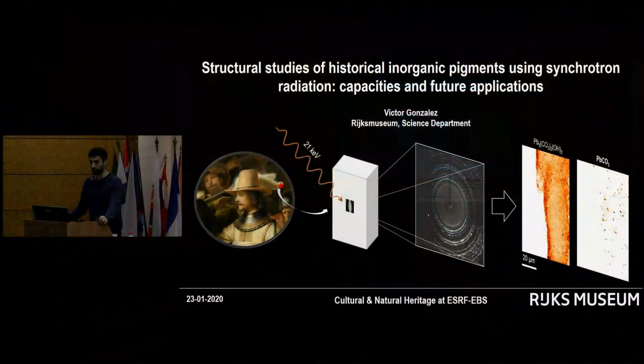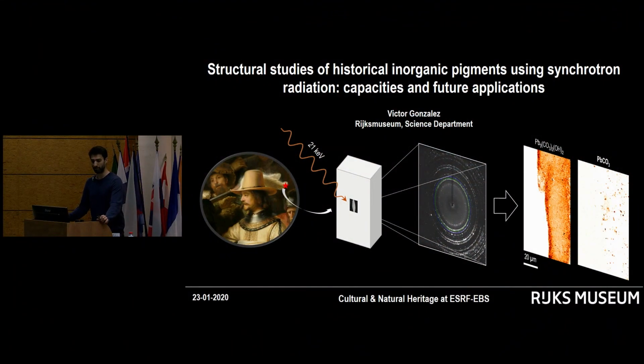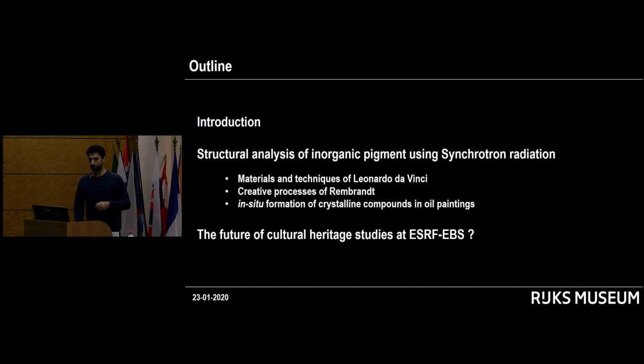And today we are back to structural studies that Koen Janssen already discussed yesterday, but I'm going to present to you some other cases which you might find interesting. Today I'm going to try to convince you that synchrotron radiation, and most specifically structural studies using synchrotron radiation, can bring us some answers to questions that we have when we are dealing with historical paintings and most specifically inorganic pigments.